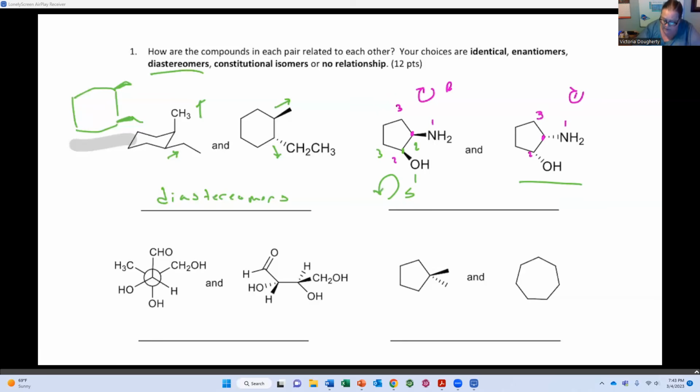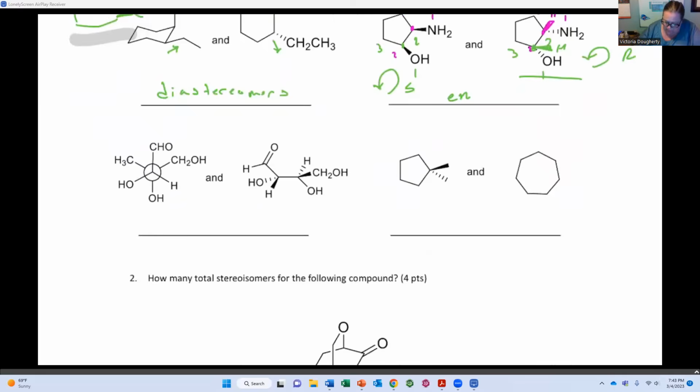The H is coming out, so this would be S. Same thing down here: 1, 2, 3, counterclockwise, but again the H is coming out. So I flip this. What we also see is these absolute configurations are exactly opposite. The amino on one is R, the amino on the other is S, and the same thing with the OH: S on the first, R on the second. So they are enantiomers.